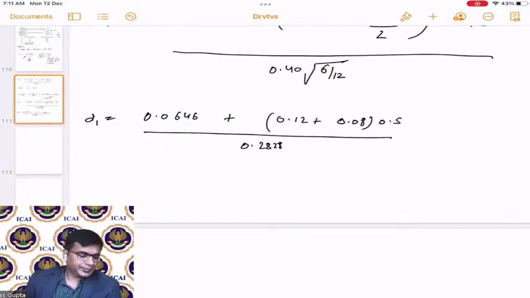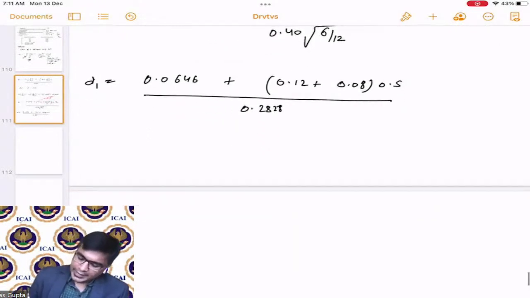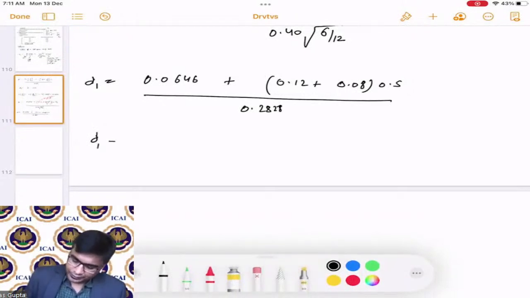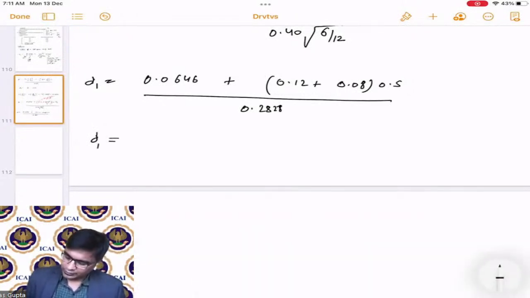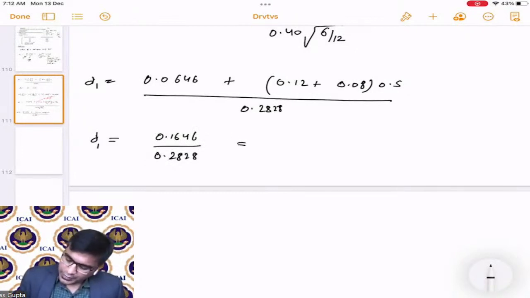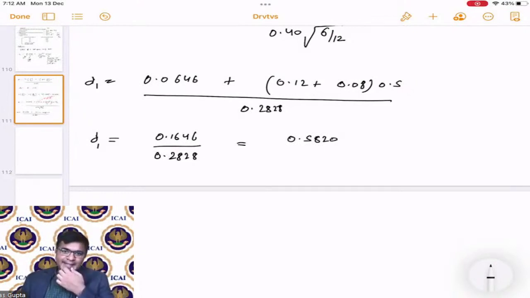And finally, D1 is equal to, if we solve the numerator, it comes as 0.1646 divided by 0.2828, which is equal to 0.5820. Okay, students, so D1 is 0.5820.